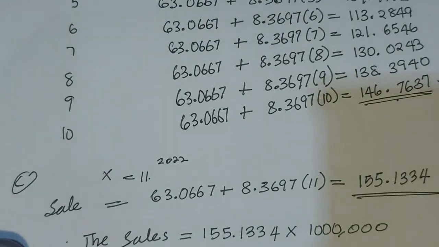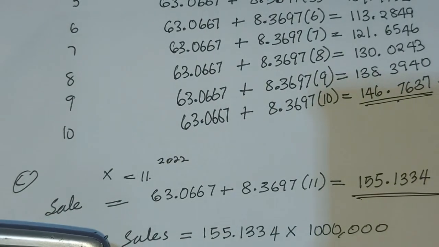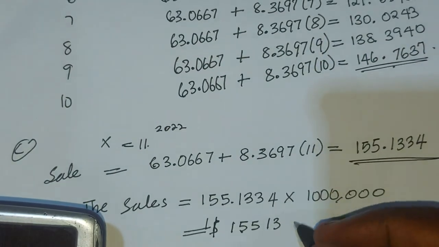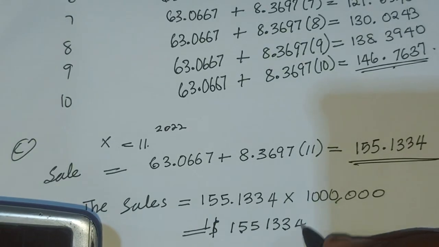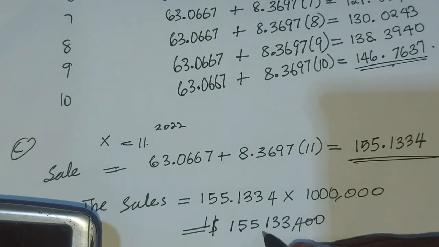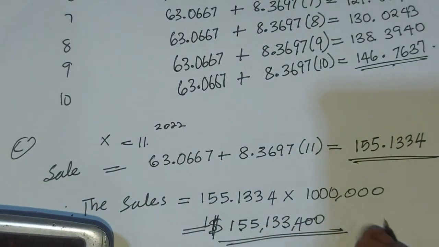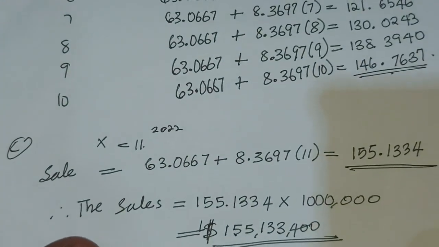So when you multiply this by 1 million, it will give you 155,134,000 Liberian dollars. Okay, so this is the solution to that question.